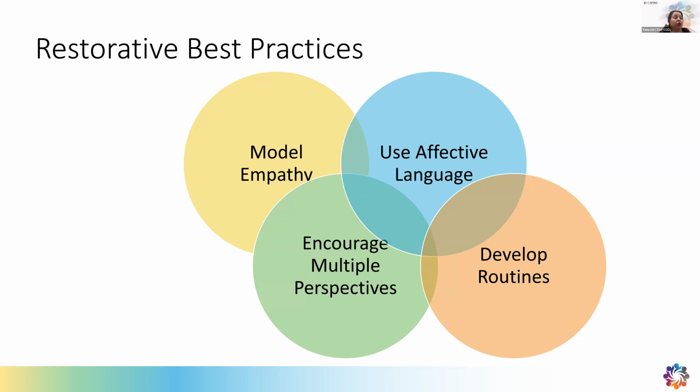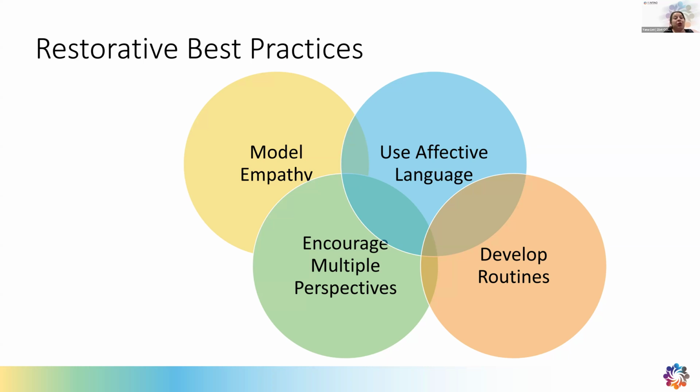We also, during any kind of restorative practice, want to make sure that we're bringing in multiple perspectives. As you'll see in the presentation later, where we're going to act out some restorative practices, we invite a really diverse audience for a restorative practice.